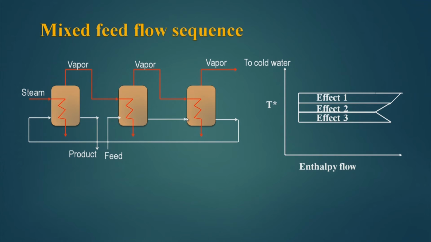So, it will flash. So, we see that in the third it flashes. So, this length is more and this length is less, and then from the third it goes to the first, where it is again a subcooled liquid and it needs sensible heating. So, this length is more and this length is less.